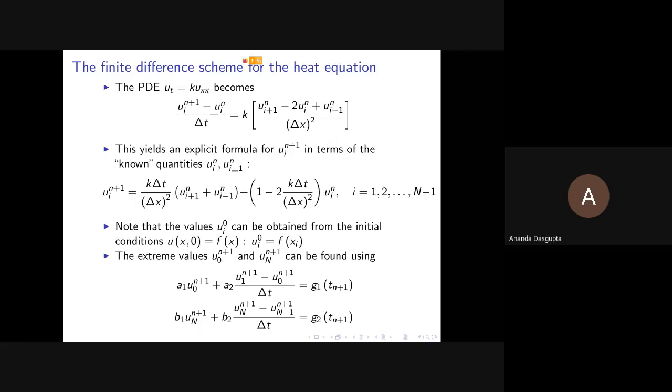The difference is that in the explicit method, you have a formula for calculating the value of u at the next time step. Do you have that?